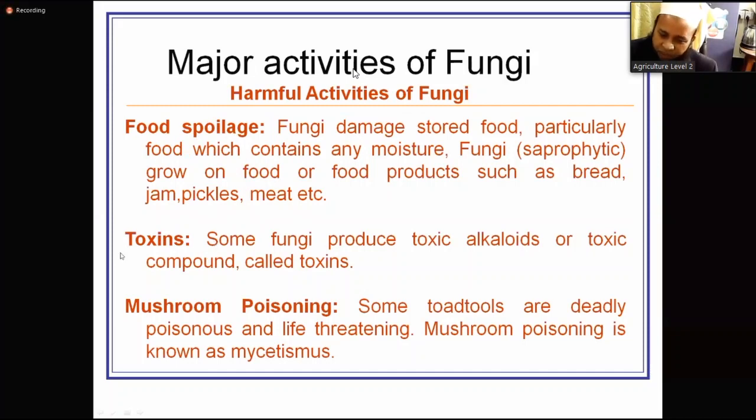Another important thing is toxin. Some fungi produce toxic alkaloids and toxic compounds called toxins. Some fungi produce toxins which are carcinogenic and may cause cancer in those who eat food infected by fungi. Not all fungi produce toxin, but some fungi do, and that's why we avoid food which is infected by fungus.